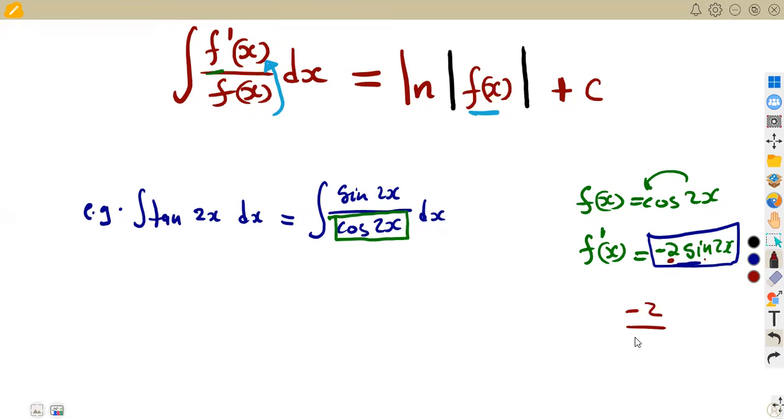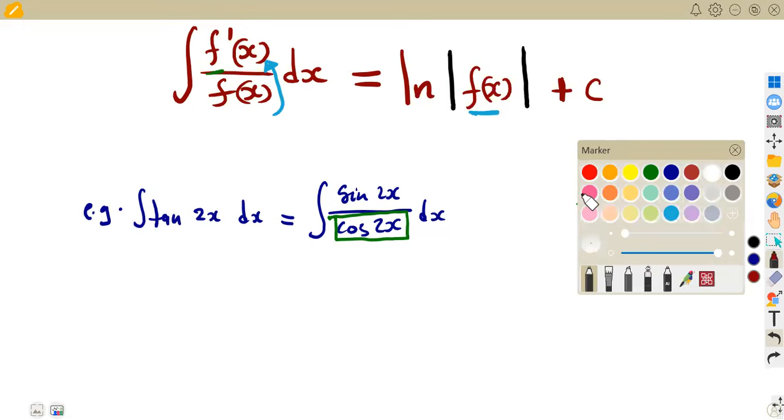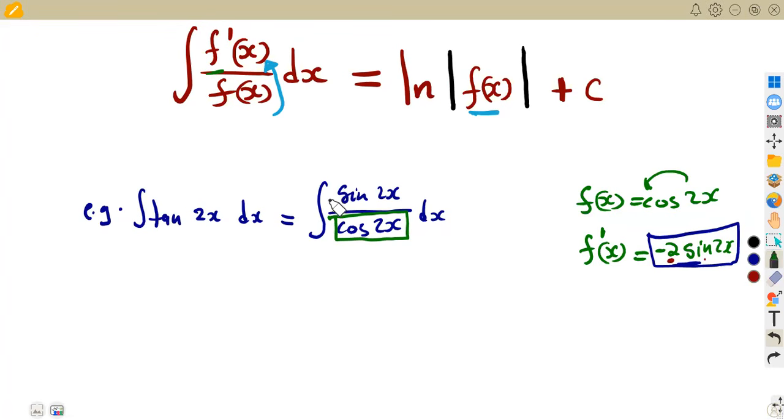By multiplying by negative 2 over negative 2, we are simply multiplying by 1, so it does not affect our question. What I'm trying to say is that this term on the numerator is not our corresponding first derivative. We are in shortage of the negative 2.